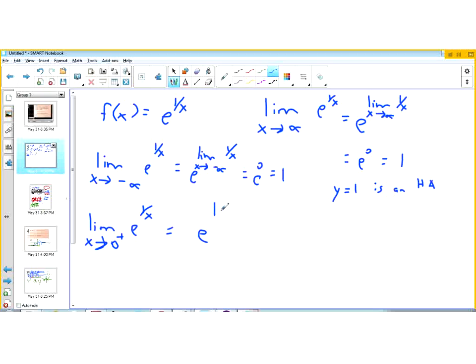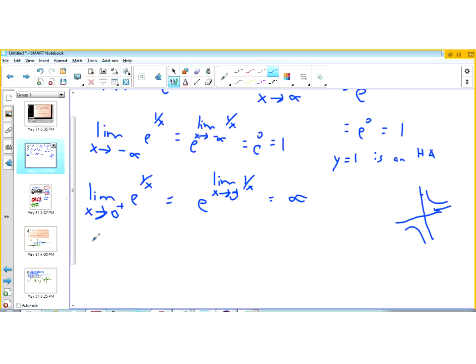That would equal e to the limit as x approaches 0 plus of 1 over x. 1 over x is the hyperbola, and what happens as you approach 0 from numbers bigger than 0? You shoot up toward infinity. So e to the infinity is infinity.